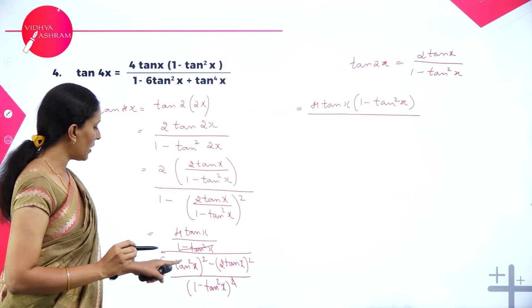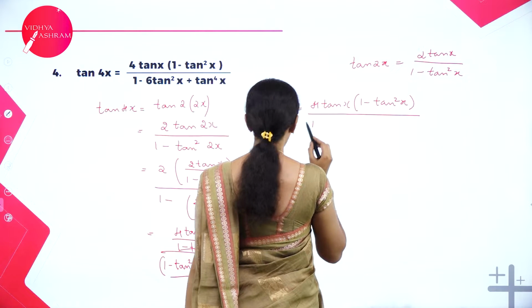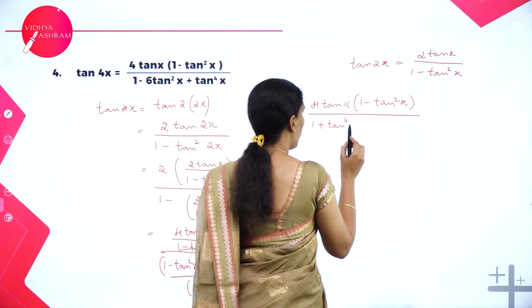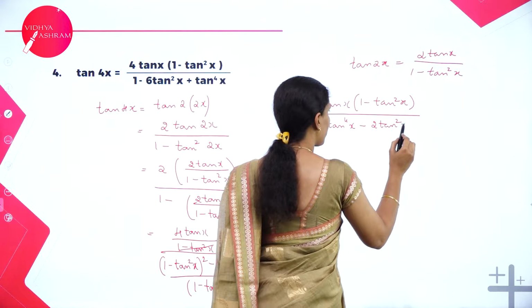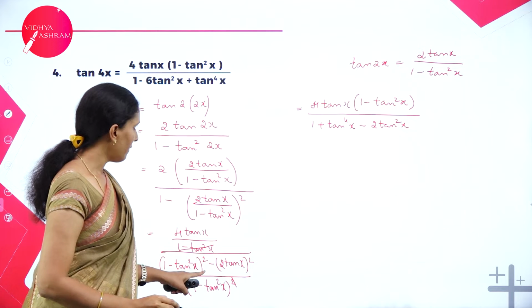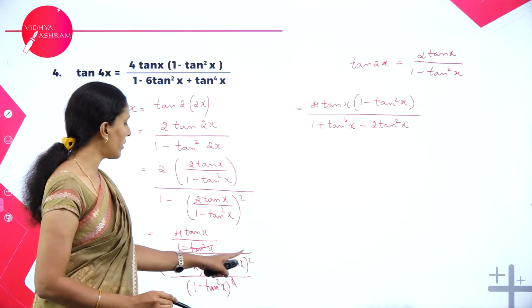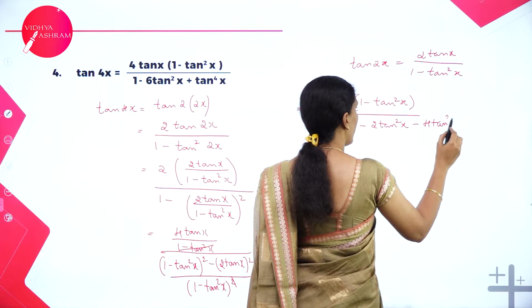This is in the form of a minus b whole square, which can be written as a square plus b square minus 2ab, so it becomes 1 plus tan power 4 x minus 2 tan square x. And here we have 2 tan x whole square, which becomes 4 tan square x, minus 4 tan square x.